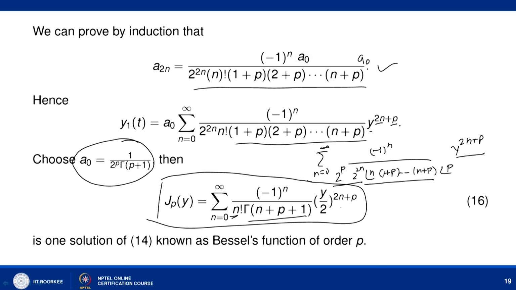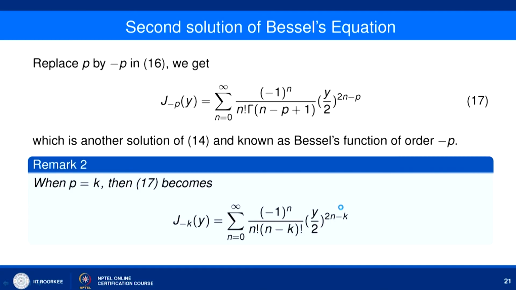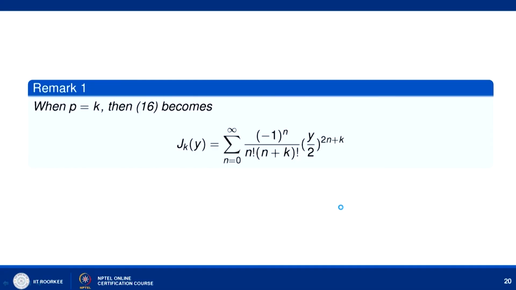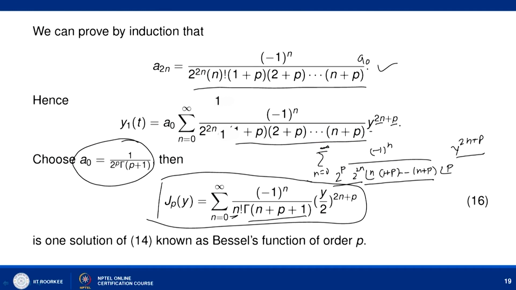Now, look at the other solution corresponding to R2 equal to minus p. We will get the other solution, but before that let us summarize this: when p equal to k, then 16 becomes J_k(y) as summation n equal to 0 to infinity, minus 1 to power n divided by factorial n into factorial n plus k, (y/2) to power 2n plus k. Please remember here we are writing k as an integer value, but this expression is valid for any real p such that p is greater than 0 and 2p is not equal to 1.